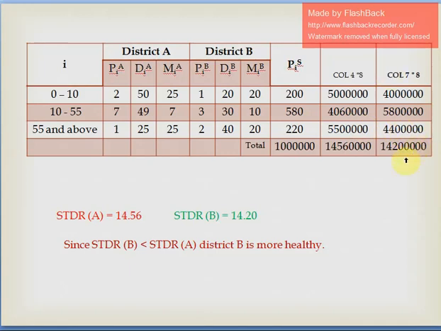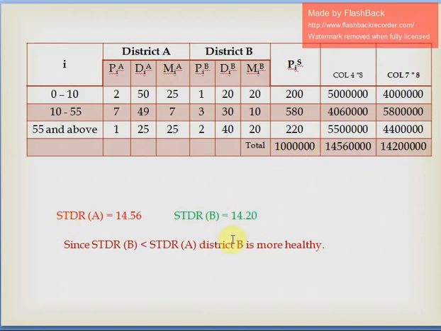If we add these, that comes to be 14,200,000, and this should be divided by 1,000,000. STDRB is simply this value divided by this value, so that comes to be 14.20.